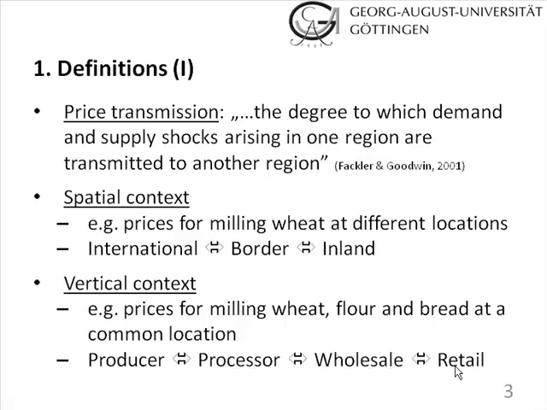So here we're looking at the typical food chain that goes from a producer to a processor, perhaps to a wholesaler, to a retailer, and ultimately to the consumer. So we have prices being transmitted horizontally in space and vertically in the food chain. And many of the problems that are interesting in policy circles, of course, involve elements of both, the vertical and the spatial context.